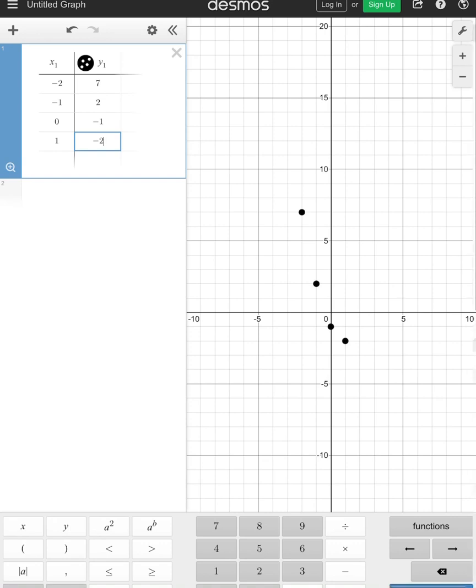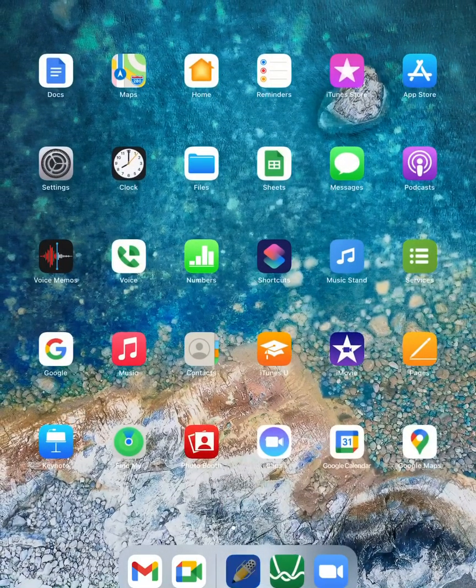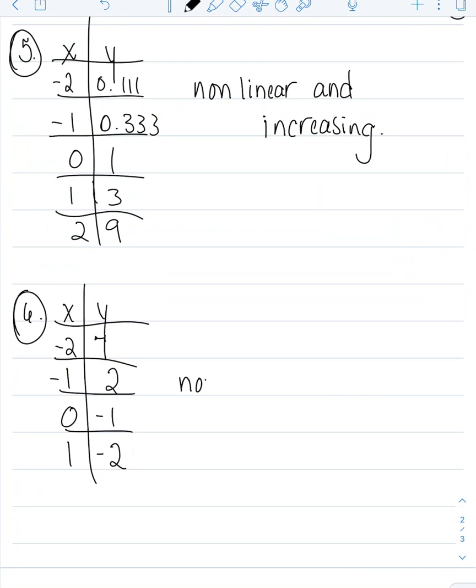So first of all, they do not look like a perfectly straight line. So that's going to be non-linear. And then if I were to connect all of those, it looks like it's going down. So this table is a non-linear and decreasing function. So that's how I would describe this table or this function.